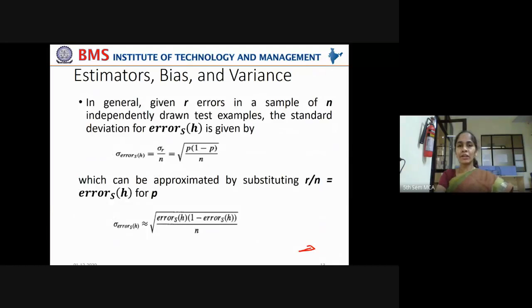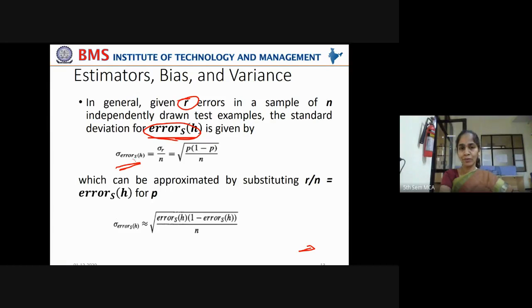Okay, so in general, given our errors, if our prediction errors are made in a sample of n independently drawn test examples, or the new instances that are supplied to the machine learning model for prediction, and out of that our predictions are made wrongly, then the standard deviation for the sample error is given by, how can you represent that?